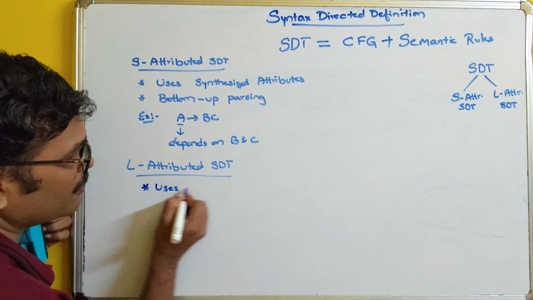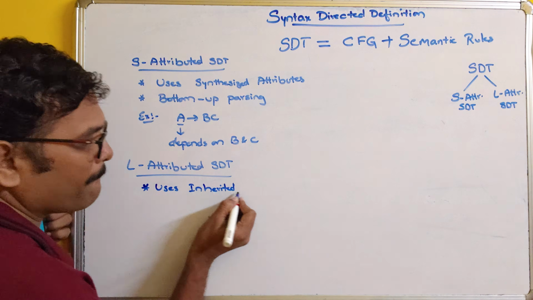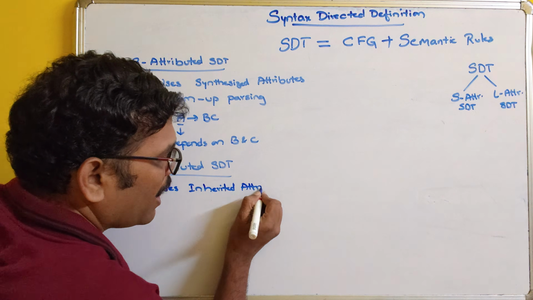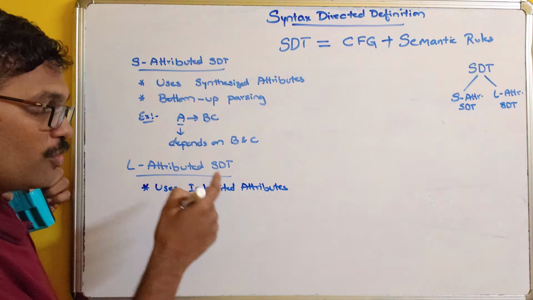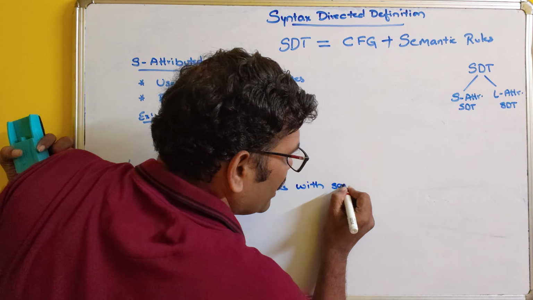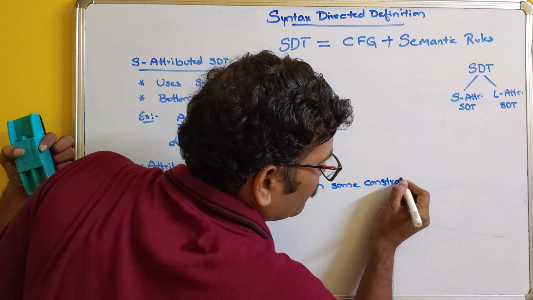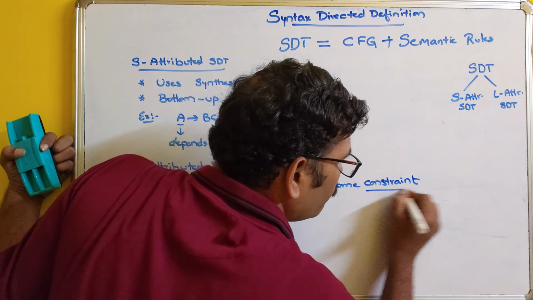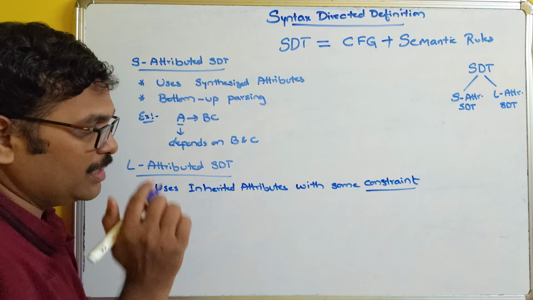It uses the second category, inherited attributes. So what is meant by inherited attributes? So here with some constraint, very important, with some constraint. So we have to focus on this constraint. What is the constraint here?